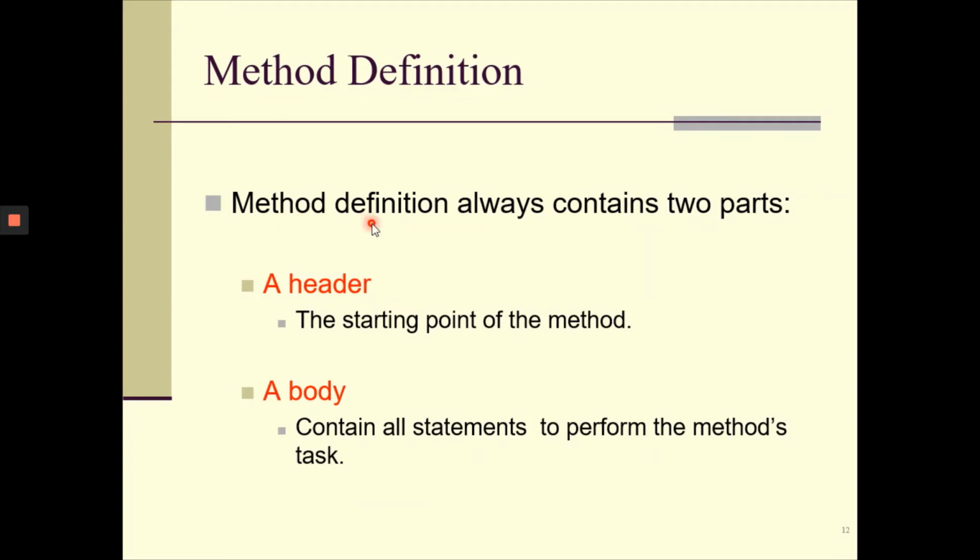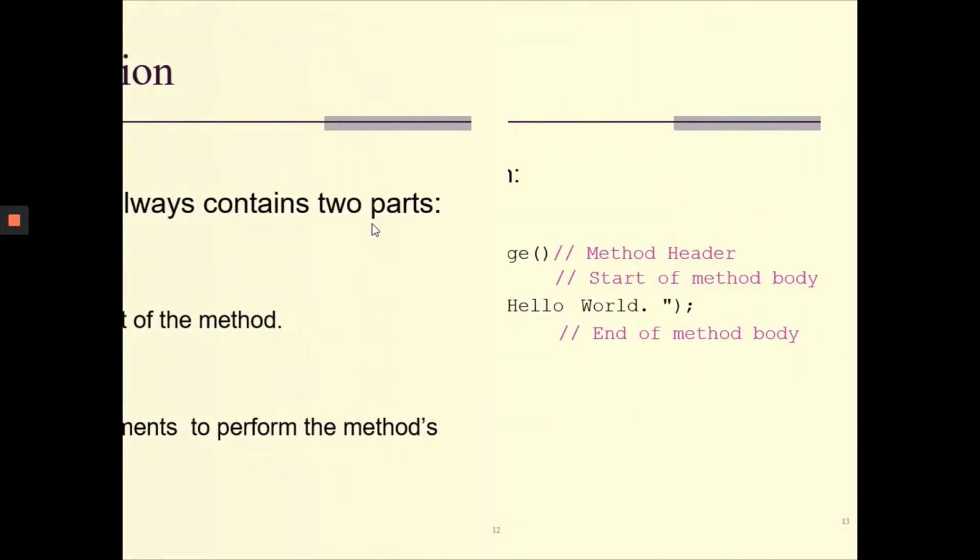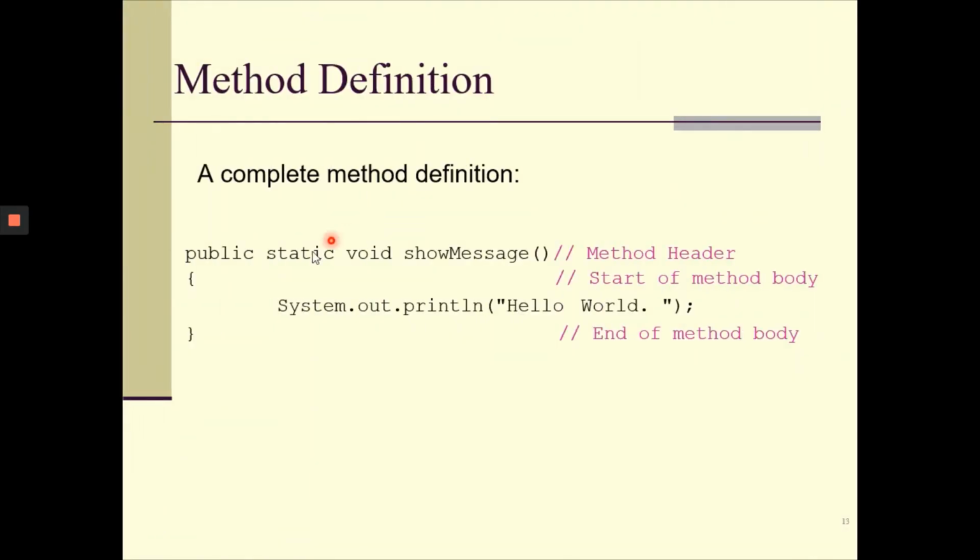The method definition contains two parts, which is the header and body. Header is the starting point of your method, and the body contains all the statements that you need to perform in the method's task. For example, here we have public static void show message. This part is your method header.